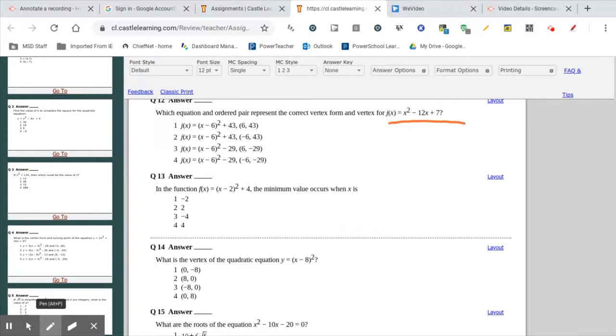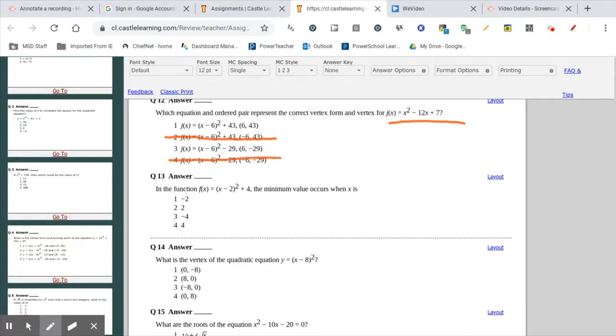So for number 1, our equation does match our vertex because if it's x minus 6, our x value should be positive 6, and then positive 43 for our y should remain. So number 1 is possible. But number 2 says x minus 6, which means our x value should be positive, so this one's out. Number 3 does check out, and number 4 does not.